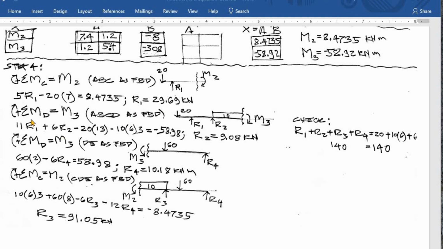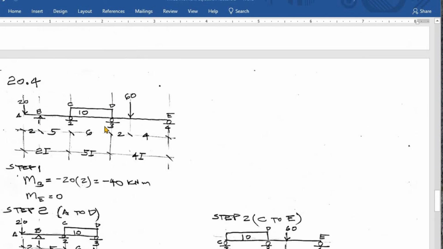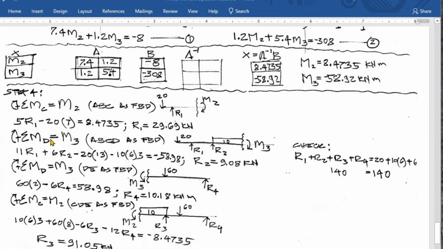Next, mag-cut tayo ngayon sa kay D. Okay? Mag-cut tayo kay point D. Yan. Dahil meron na si R1, ang unknown natin ngayon dito ay si R2. Ayan. So, ito yung figure. So, summation moment at D is equal to M3, which is negative 58.92. Okay? So, you have here 11R1.